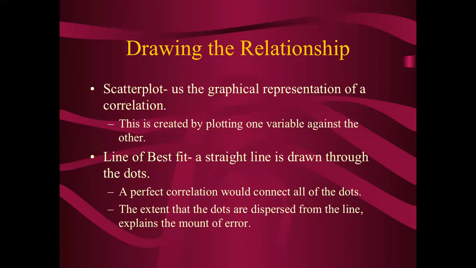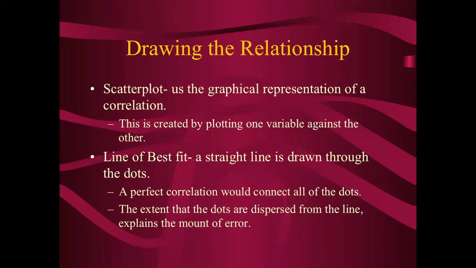So each dot on the graph is a value of factor A and factor B. Now, the dots as a whole for all of the participants is what we call the scatter plot. Now, I said to you, in general, there is typically a trend. Are the dots sloping upward or downward to the right? If it's sloping upward to the right, we have a positive correlation. If it's sloping downward to the right, we have a negative correlation.